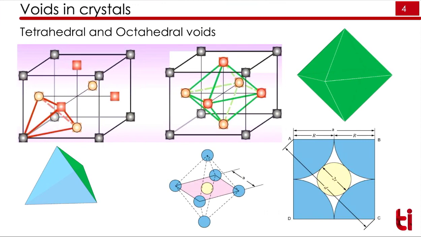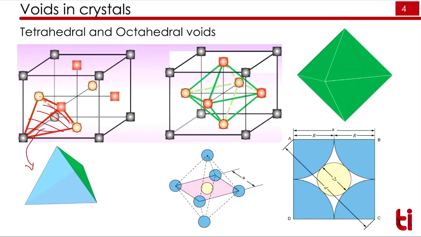So this is how the tetrahedron and octahedron will look in 3D. If you see, this is the FCC unit cell. If we use 3 faces of the unit cell and 1 atom at the corner, it will form a tetrahedron, and that tetrahedron will look like this.